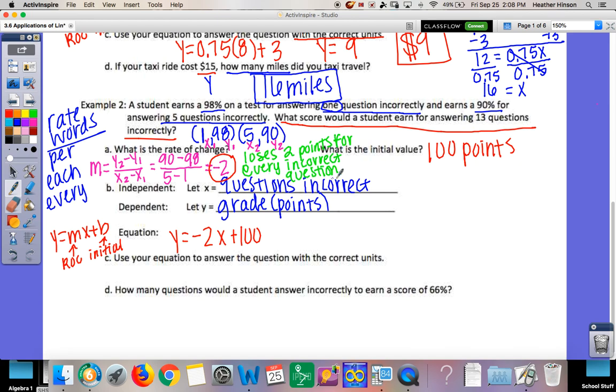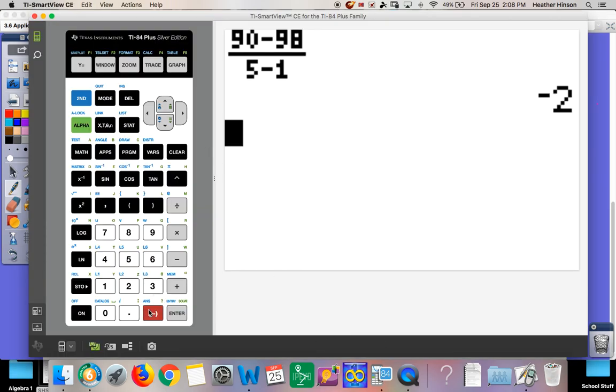Well, questions incorrect we labeled as X. So that means we're going to plug it in to X. So we do y equals -2 times 13 questions wrong goes into X, plus 100. And then we plug it in. So -2 times 13 plus 100.